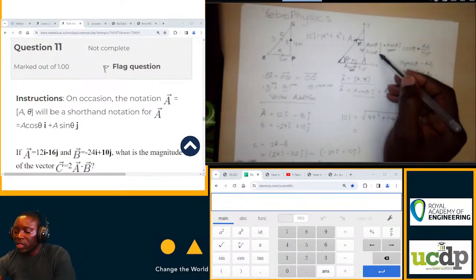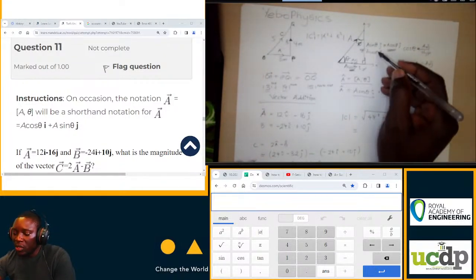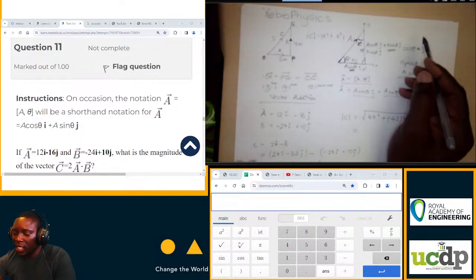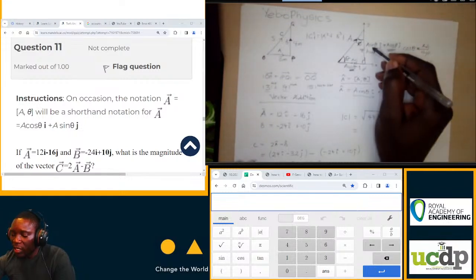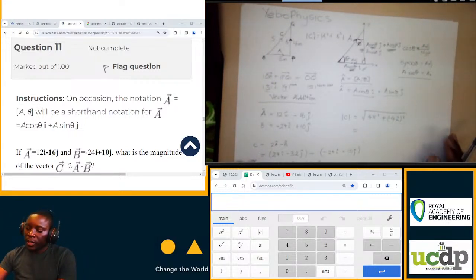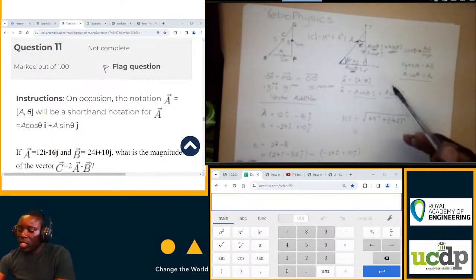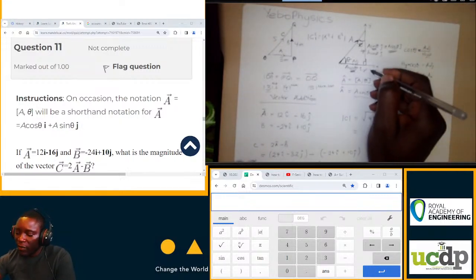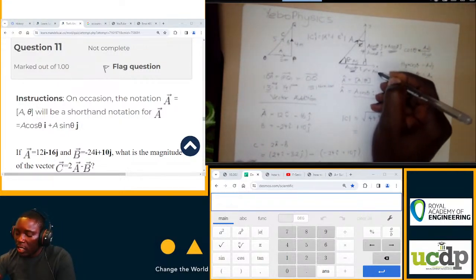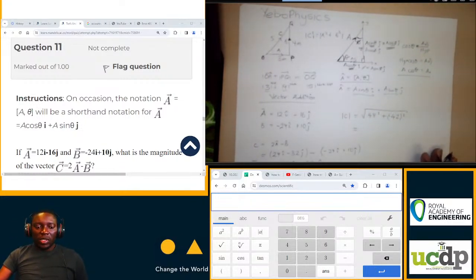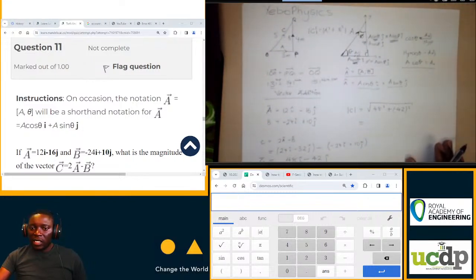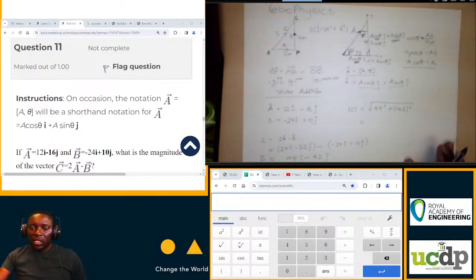So you have A cos phi in the j, and because phi is 90 minus theta, cos phi is equal to sine theta. So this cos phi and sine theta are equivalent. So the same would apply. The opposite one will be A sine phi, A sine phi in the j. So that's basically what we said about the introduction to the use of vectors in calculating the magnitudes and directions, or the resultant vectors in different cases.